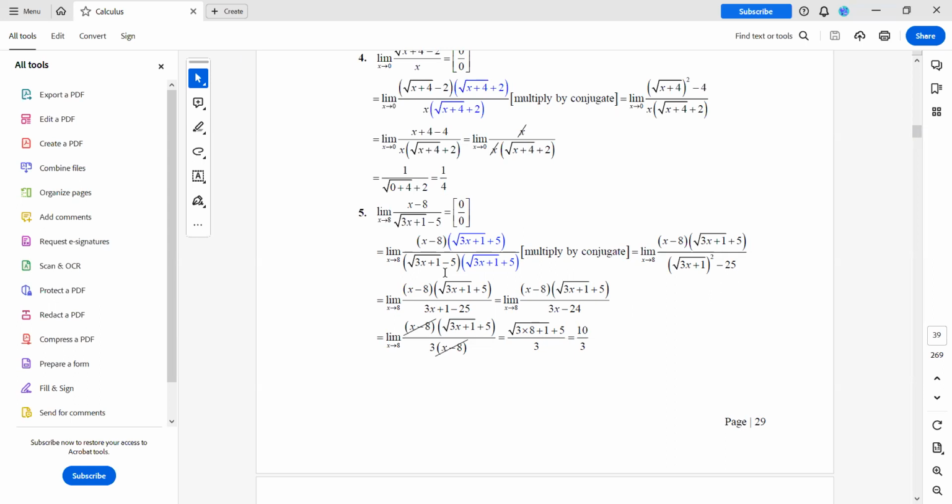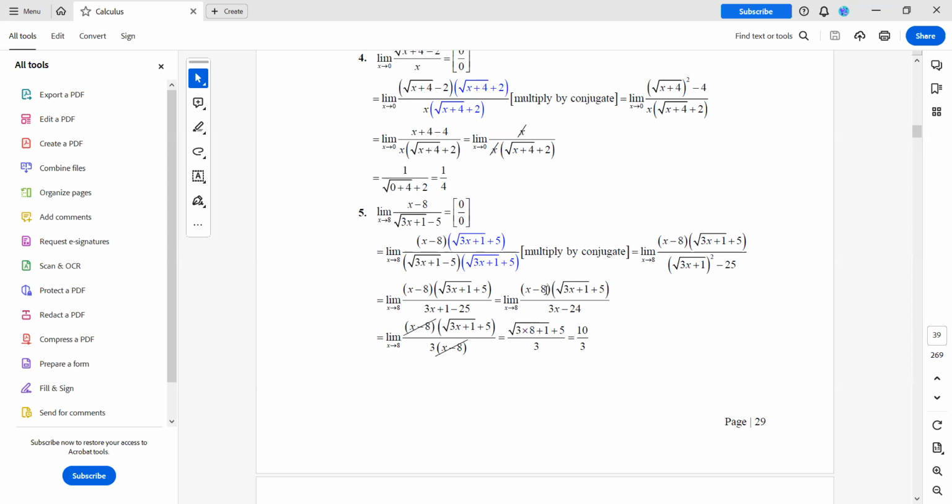Then the next thing I'm going to do is say limit when x is 8, you have x minus 8 open bracket square root of 3x plus 1 plus 5 over 3x plus 1 minus 25. Why do you have that? Because the square cancels the square root. So you have 3x plus 1 minus 25, which gives you 3x minus 24.